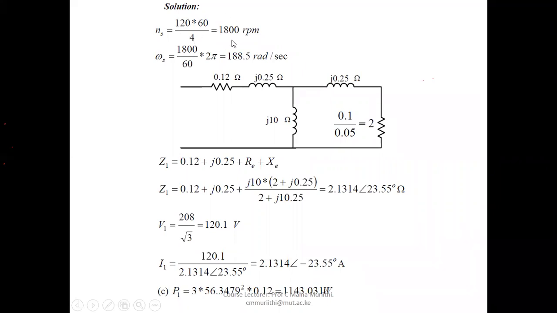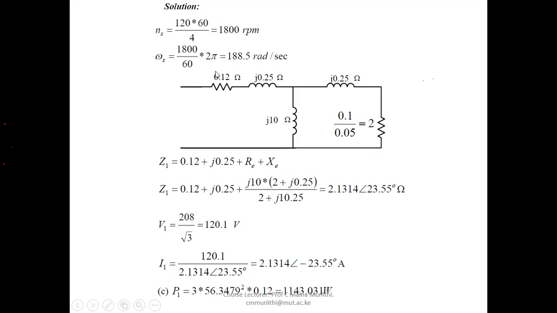Then we can change 1800 revolutions per minute to radians per second. You multiply by 2 pi and divide by 60 to get the speed in radians per second. The rest is generally circuit theory.